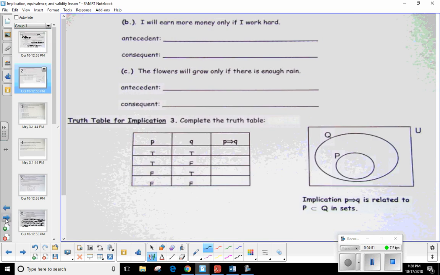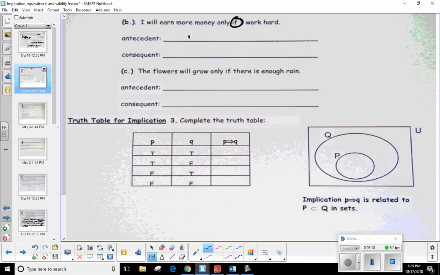All right. Let's try another one of these. I will earn more money only if I work hard. So what's the antecedent? Now be careful. I work hard is going to be the antecedent here. Because you could say this, if, and there's that key word, if I work hard, then I will earn more money. So this one was just written without the then.